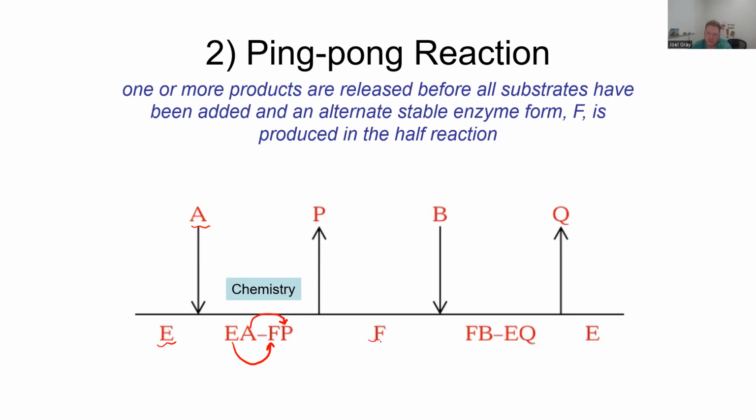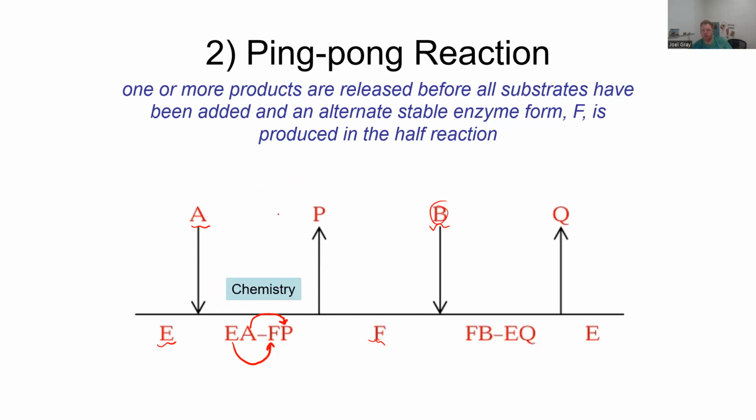Once we have F, we've got B that can bind to F, forming the FB complex. What this is saying is that B, this substrate, has no affinity for E. It only wants to bind F, the modified form of the enzyme.